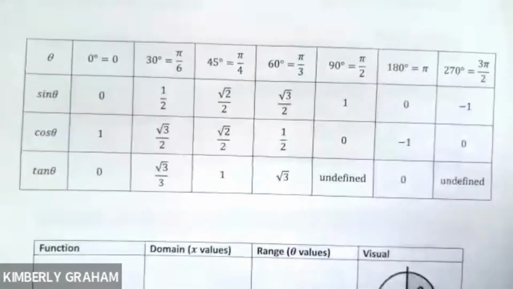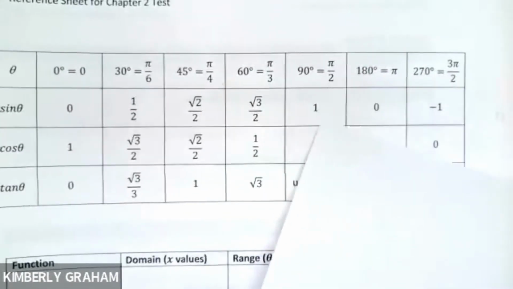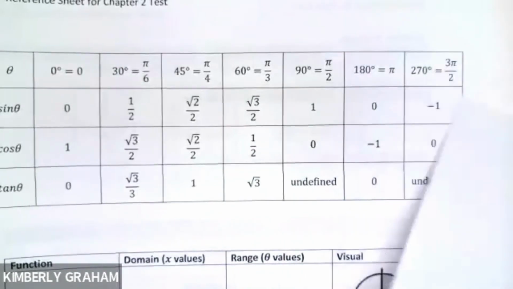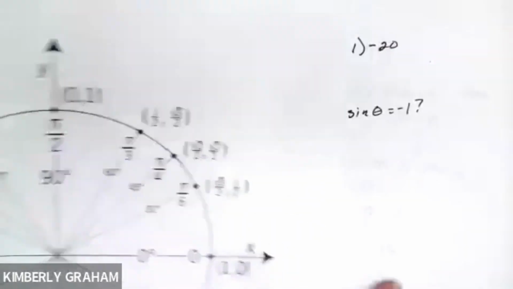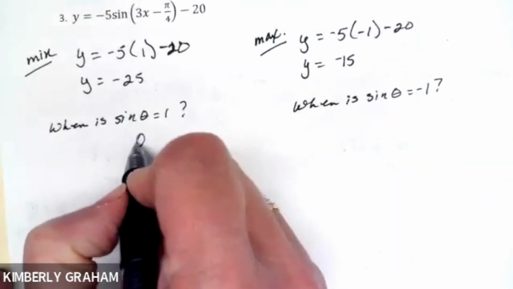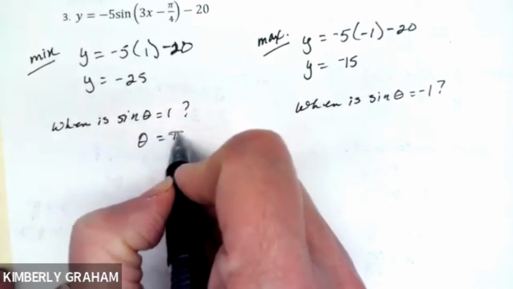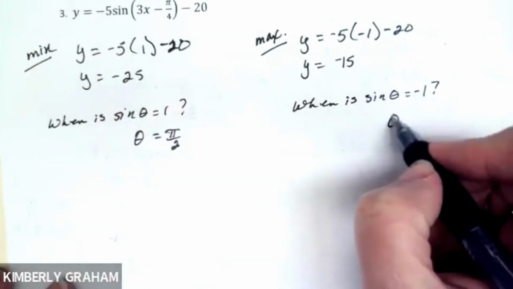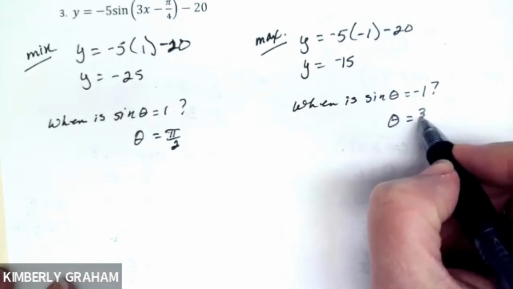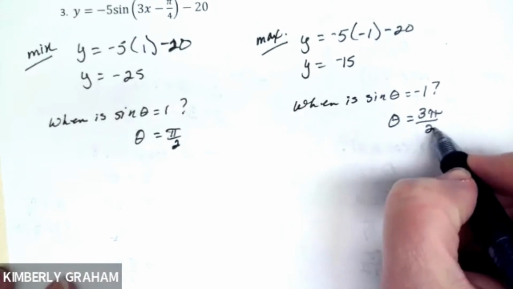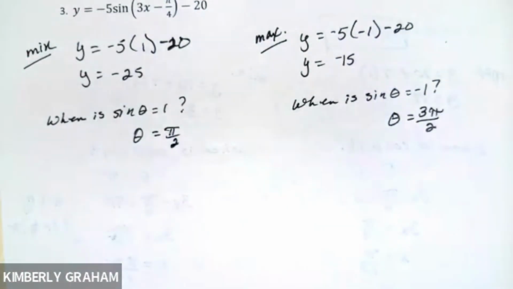All right, so sine is 1 at pi over 2, and it's -1 at 3 pi over 2. So this would be when theta equals pi over 2, and this would be when theta would equal 3 pi over 2. And then from there, you would solve.